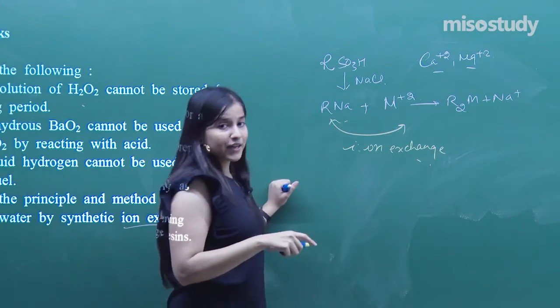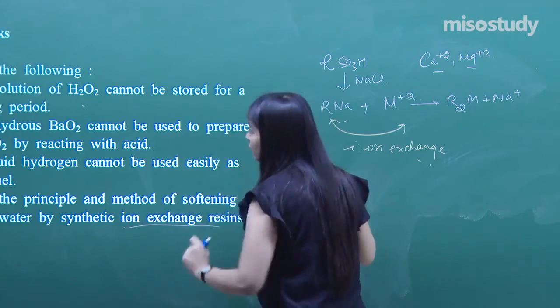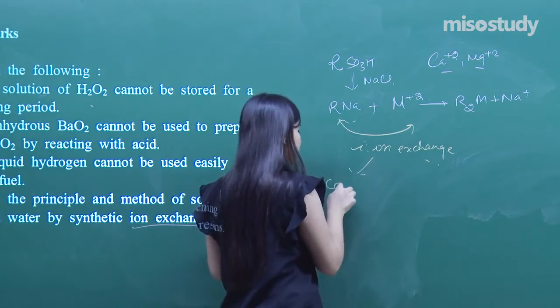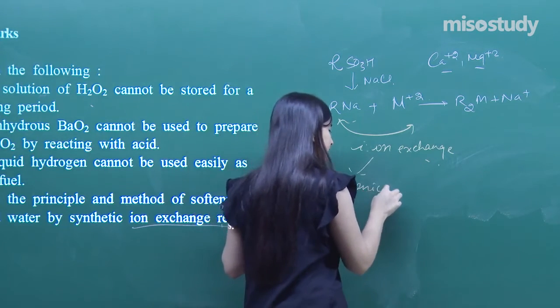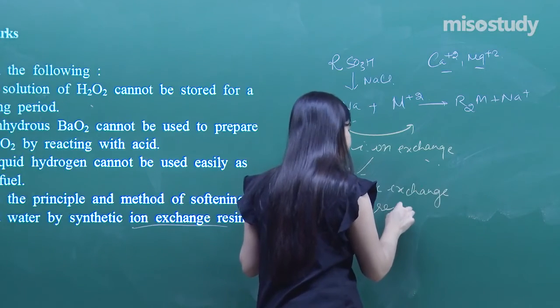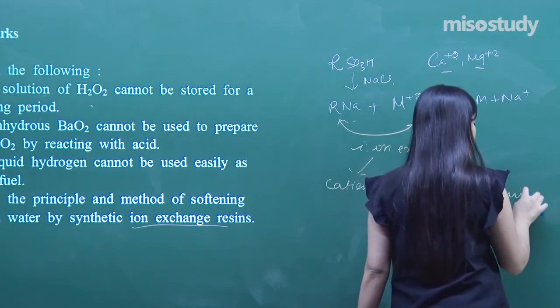Now the next thing, I have two things for you. Describe the principle and method of softening. So the method is the introduction of cationic exchange resin and anionic exchange resin.